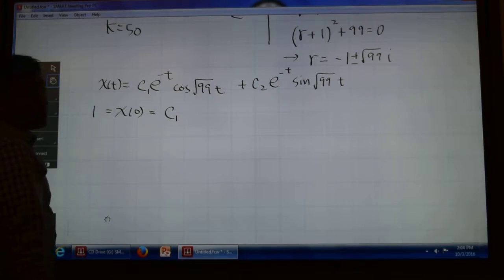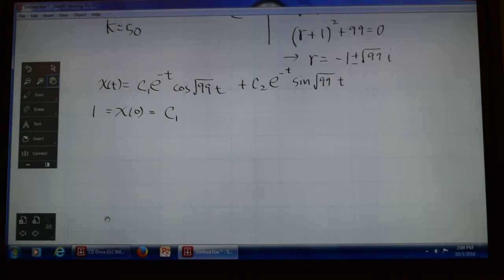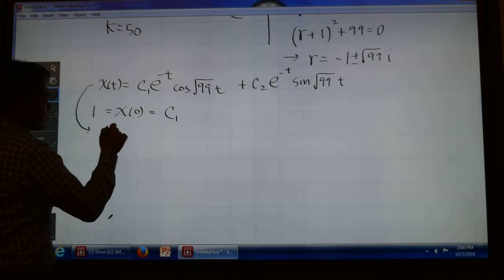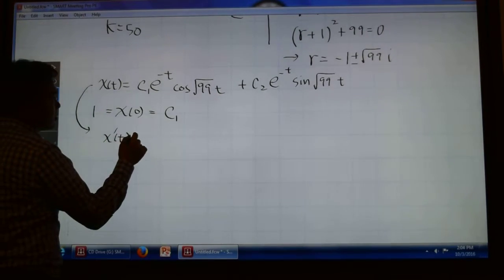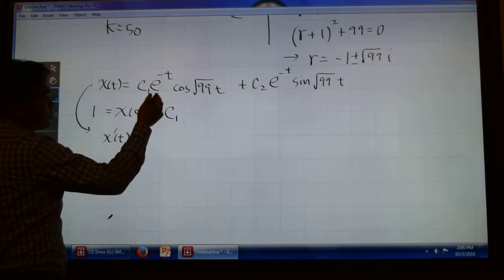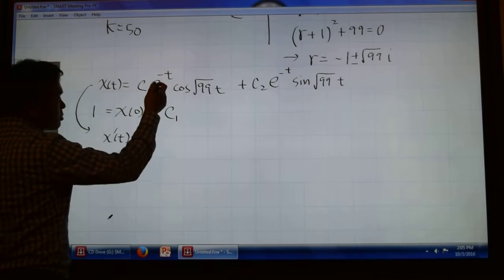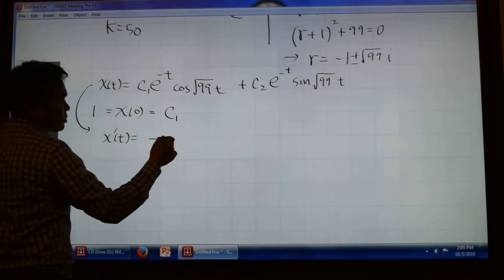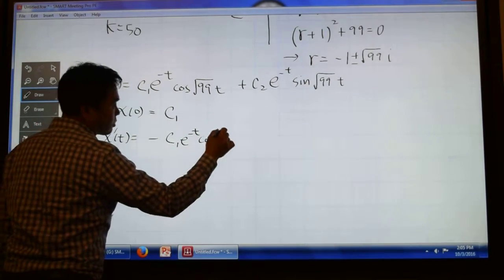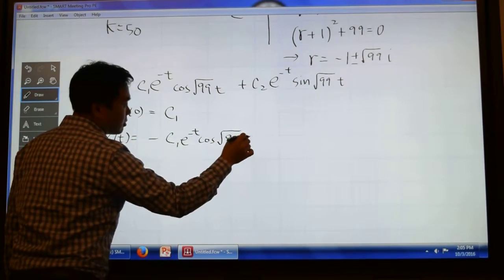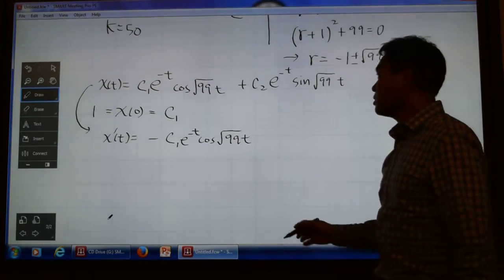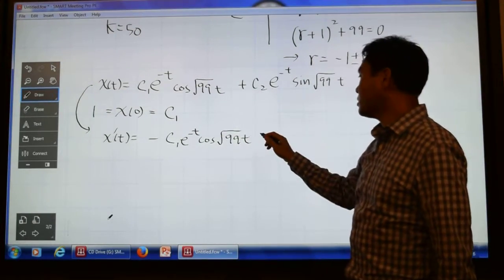Then we have to use x prime of 0 equals negative 5. To get that, we have to differentiate this. x prime of t, you have to use the product rule. So if you differentiate the first one, it's negative c1 e to the negative t cosine square root of 99 t. And when you differentiate the cosine of square root of 99 t, that becomes negative sine.